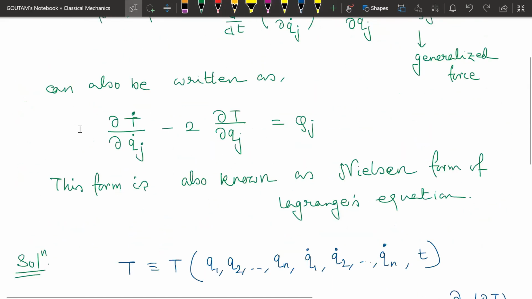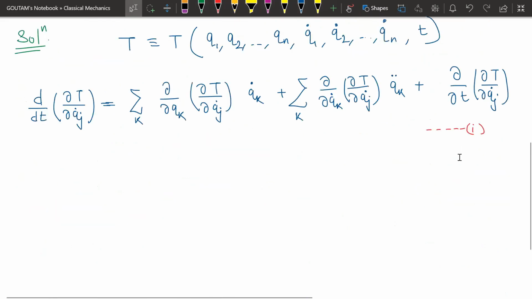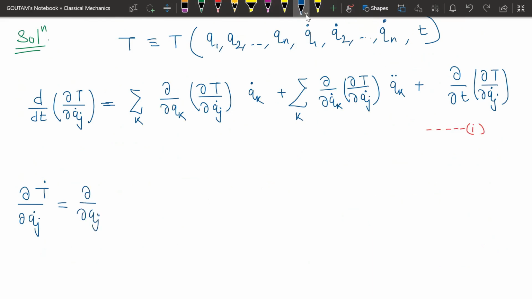Now let's calculate this term, ∂Ṫ/∂q̇j. So ∂Ṫ/∂q̇j equals ∂/∂q̇j of Ṫ. Ṫ means dT by dt. Sorry, it's not del, it's d.